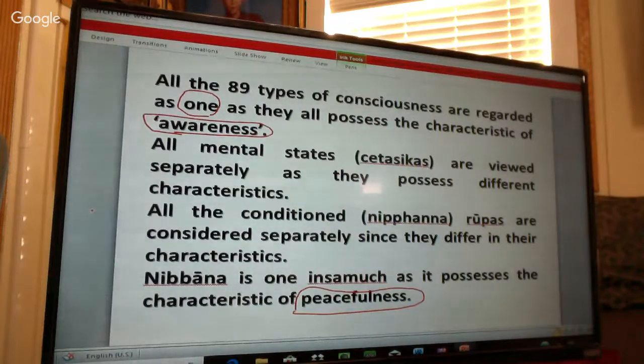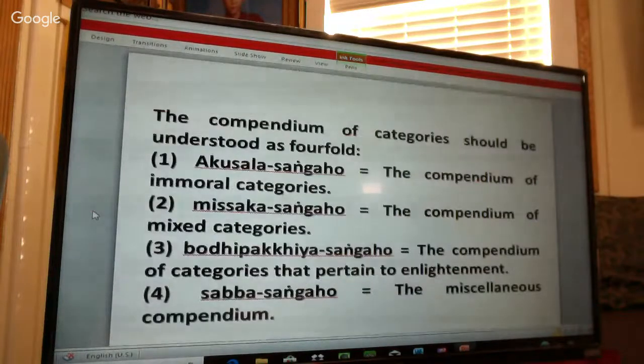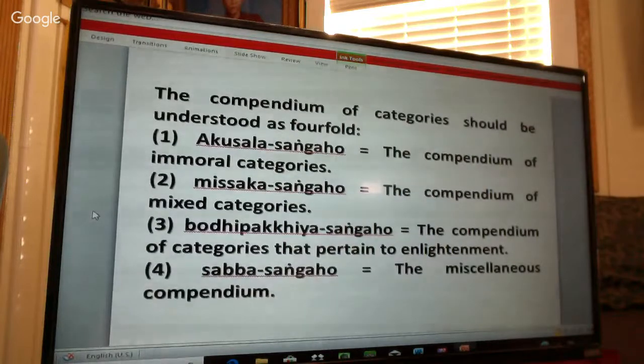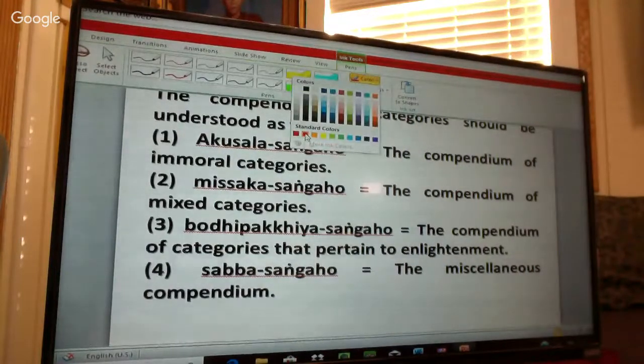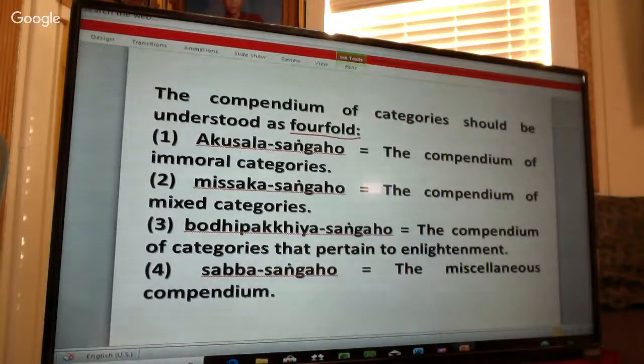Okay, and then here in chapter 7, we have different Sangaha. Sangaha is a category. So the compendium or category should be understood as four. Four categories we discuss here.